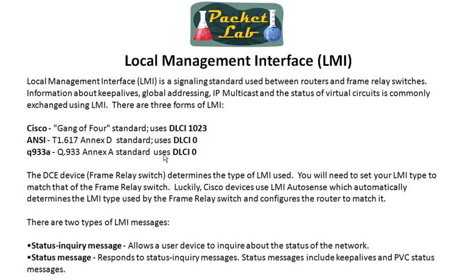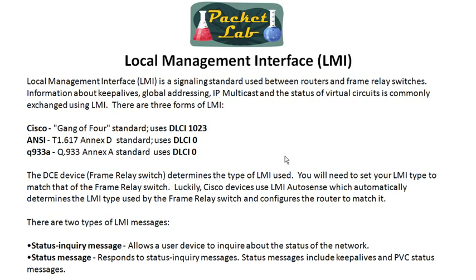The big difference between these is that they use different DLCIs to communicate. Remember we had some reserved DLCIs, and 2 of those were DLCI 0 and DLCI 1023. They were used for LMI. So you can see here that Annex D and Annex A both use DLCI 0, and the Cisco LMI uses DLCI 1023, and you'll see that on a packet capture. Annex D and Annex A both use DLCI 0.